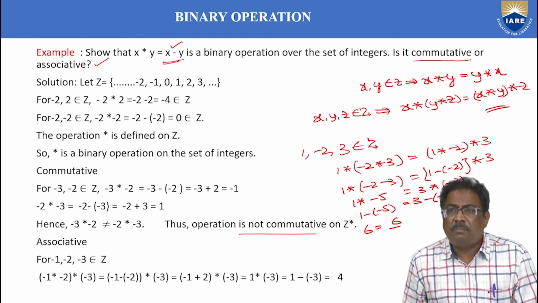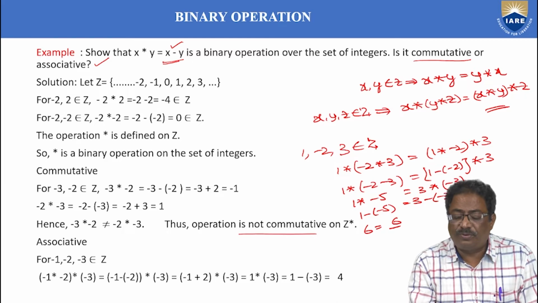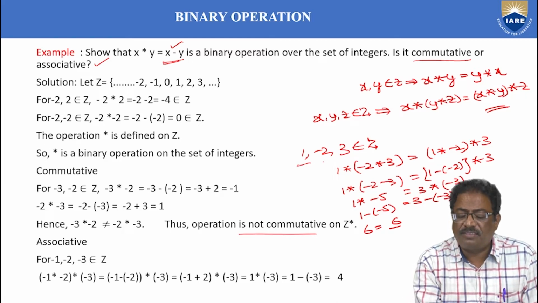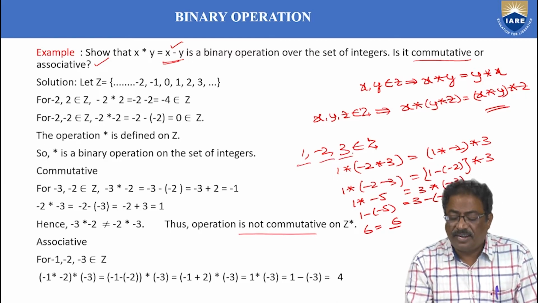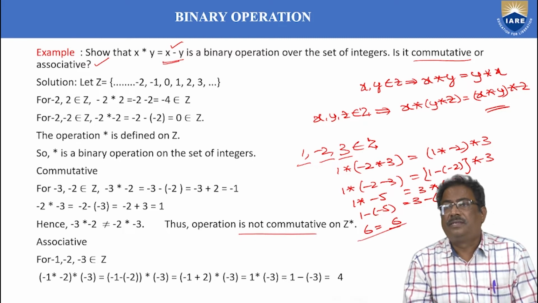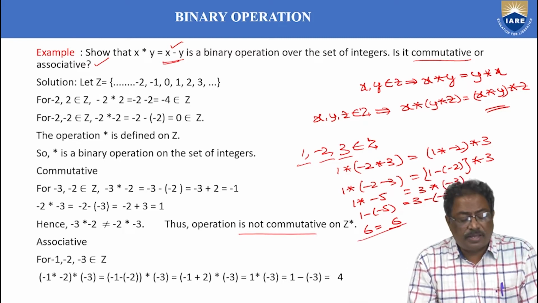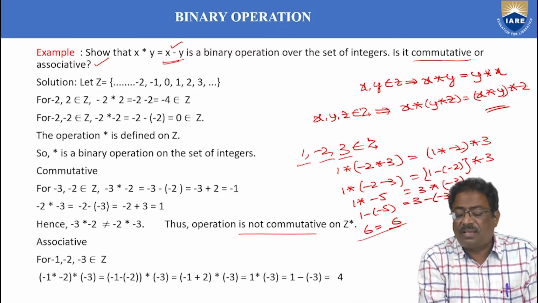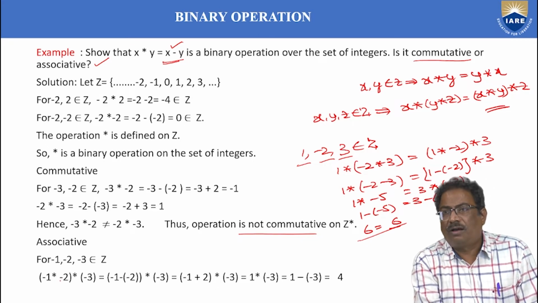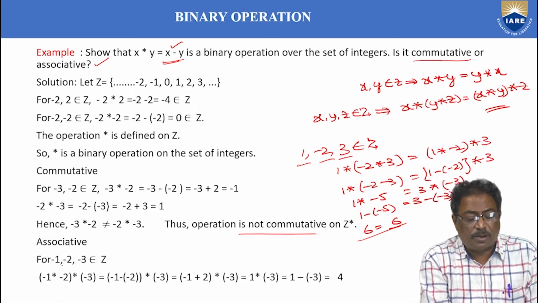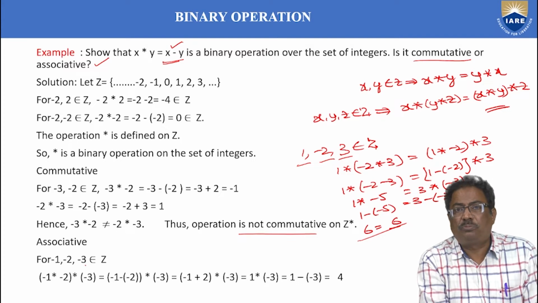So for some specific values of x, y and z, it is satisfying the associative property. But if I go for another set of values, let us take all negatives: -1, -2, -3.